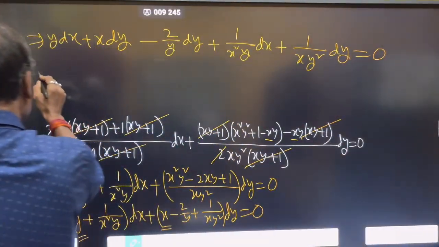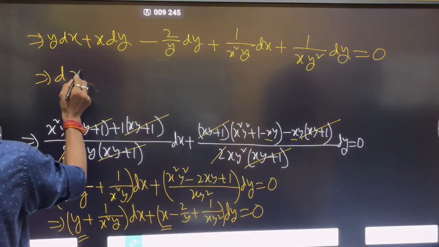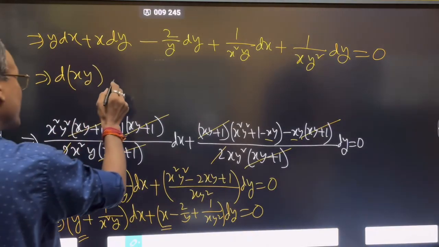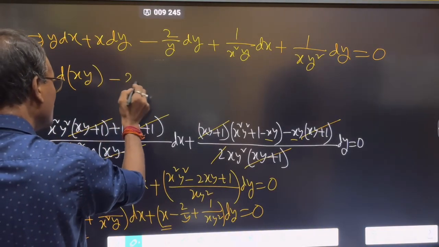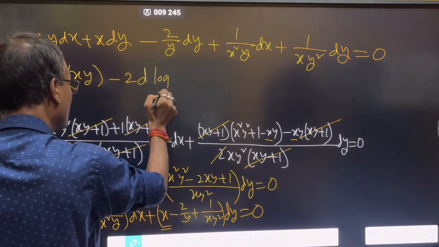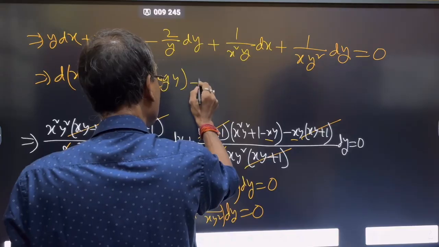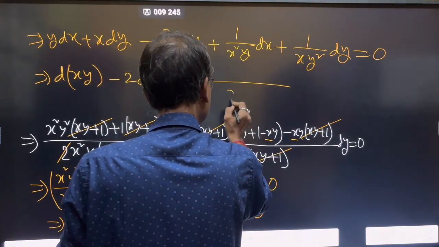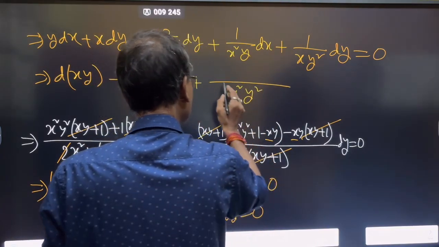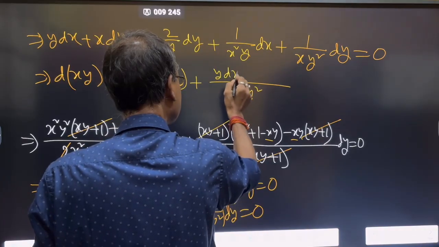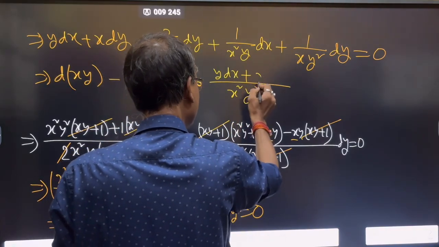This means it is nothing but d of xy minus 2 times d of log y, plus, you may write here, y dx plus x dy divided by x square y square.